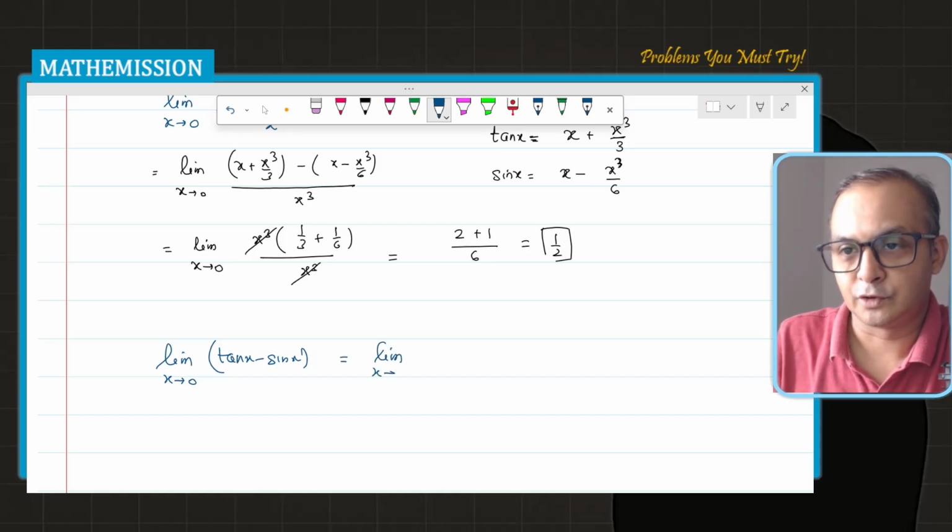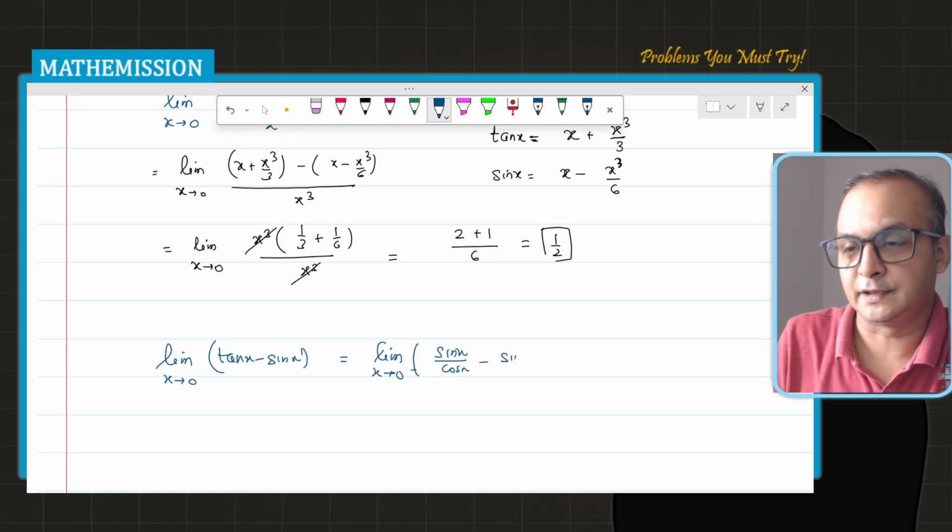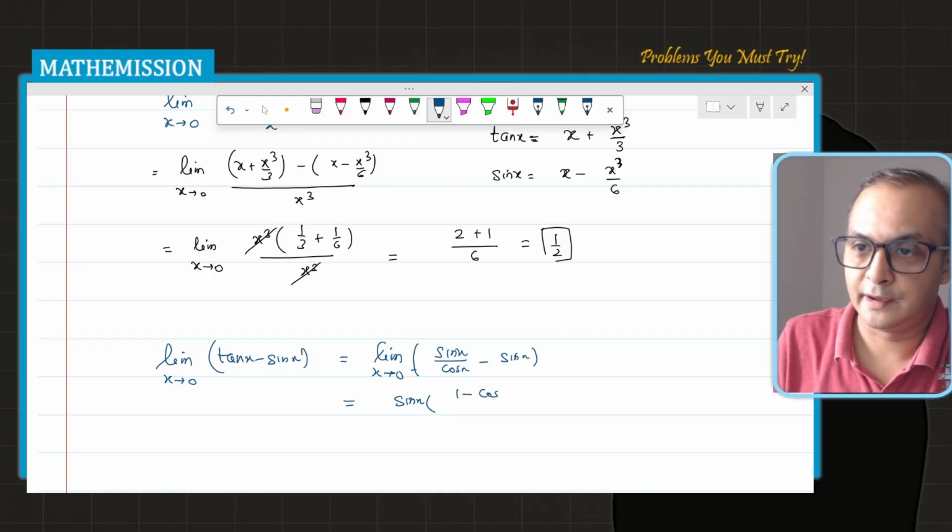Suppose you don't have a good memory of the series, you can also apply this: limit x approaches 0, I can write tan x as sin x by cos x, and minus sin x. I can take this sin x out, and I will have 1 minus cos x by cos x, for limit x approaches 0.